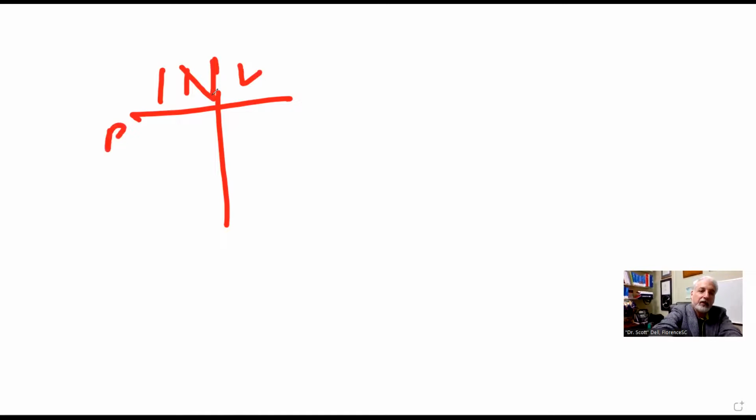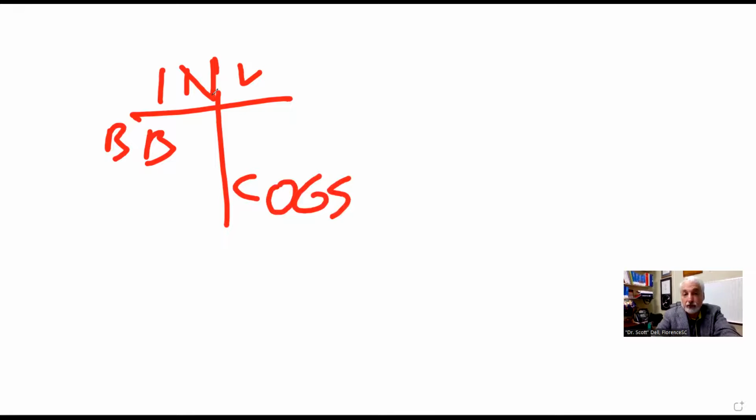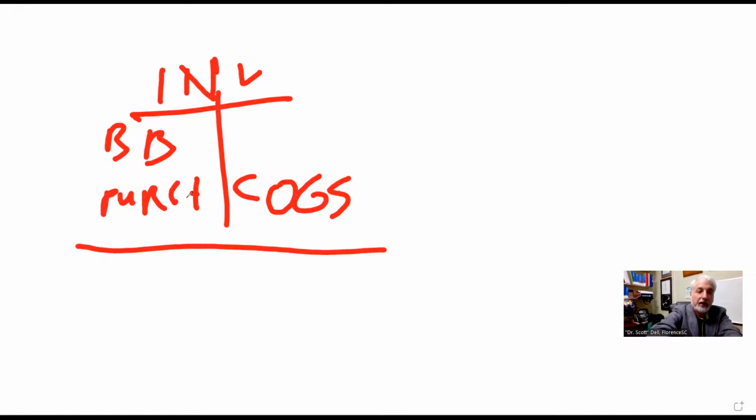We've got our beginning balance in inventory. We're going to have cost of goods sold, pulling our inventory down by what was sold. And then we have our purchases. Then we get our bottom line in the balance. So T accounts are our friends.